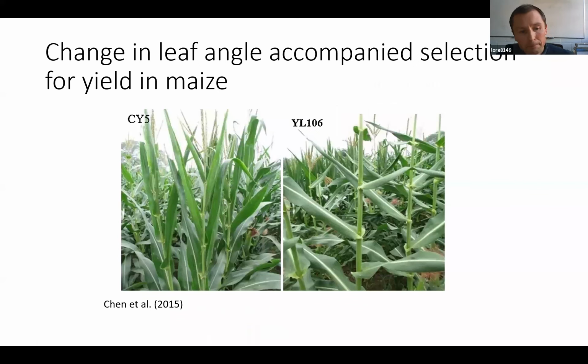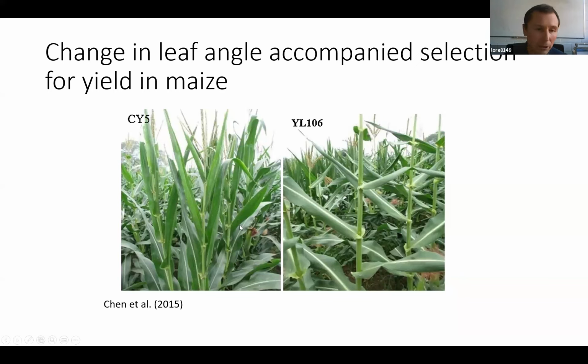So this is important because we've actually seen in a lot of different crop species, just through the power of selection of breeders breeding for higher grain yield, we've seen these expected changes in plant morphology. So the classical example is in maize. If you look at old varieties of maize, okay, versus newer varieties of maize, older varieties tend to have a more horizontal leaf structure and a more horizontal canopy. In contrast, newer varieties, which have greater yield, tend to have more upright leaves.